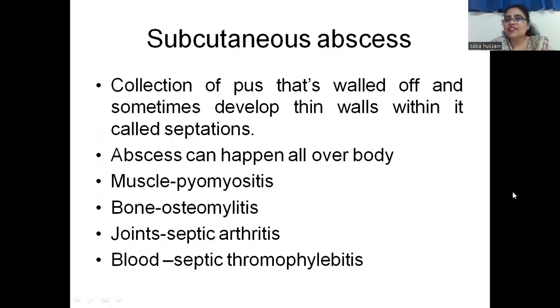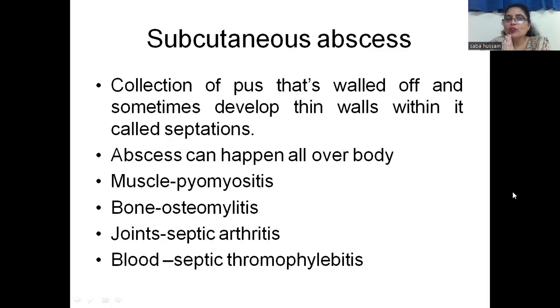Coming to subcutaneous abscess, which I have told that Staphylococcus also causes, that is a collection of pus that's walled off and sometimes develops thin walls within it. So there will be a collection of pus, and then the skin will be peeled off, and you can see partitions of skin filled with pus.